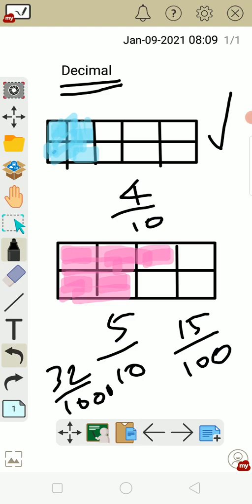If you assume a 100 rectangle, and 15 are shaded, how can you express it? 15 upon 100. Then if there were 1000 squares, and out of 1000 you shade 32 parts, how can you write it as a fraction? 32 upon 1000. So these kinds of fractions we call decimal fractions.